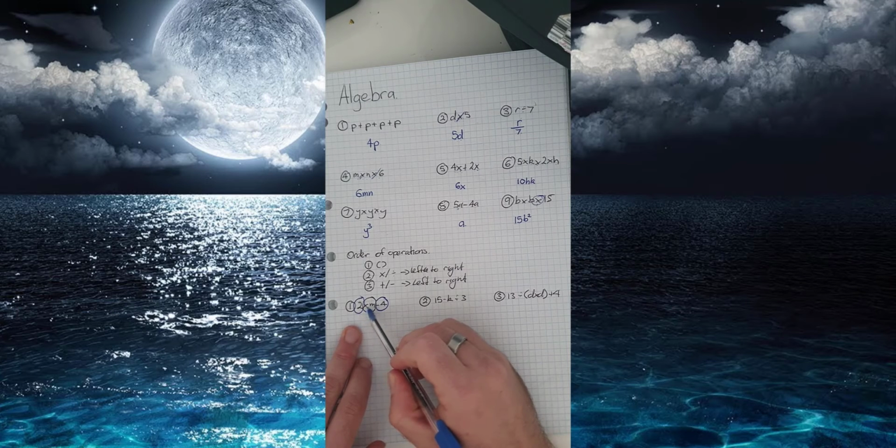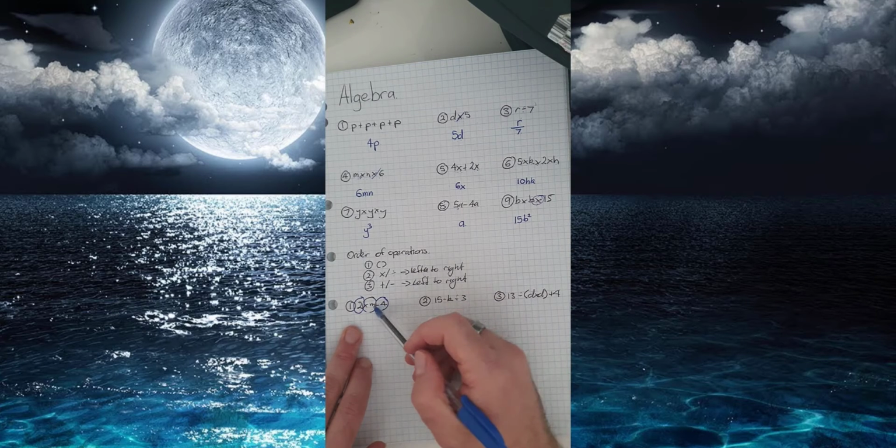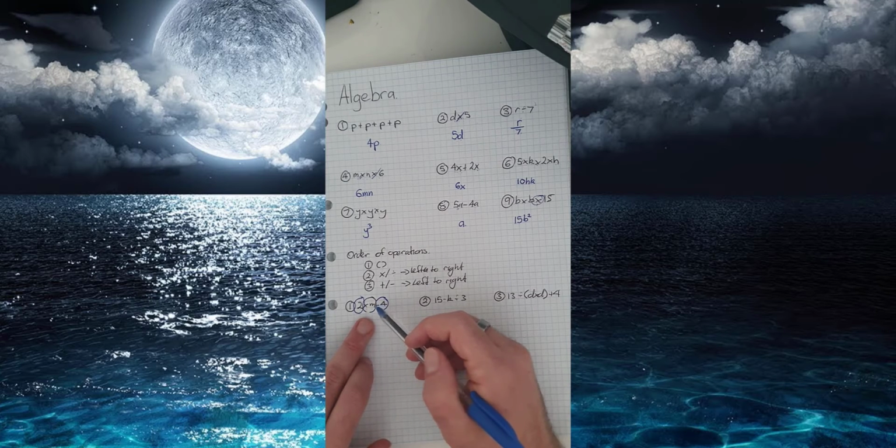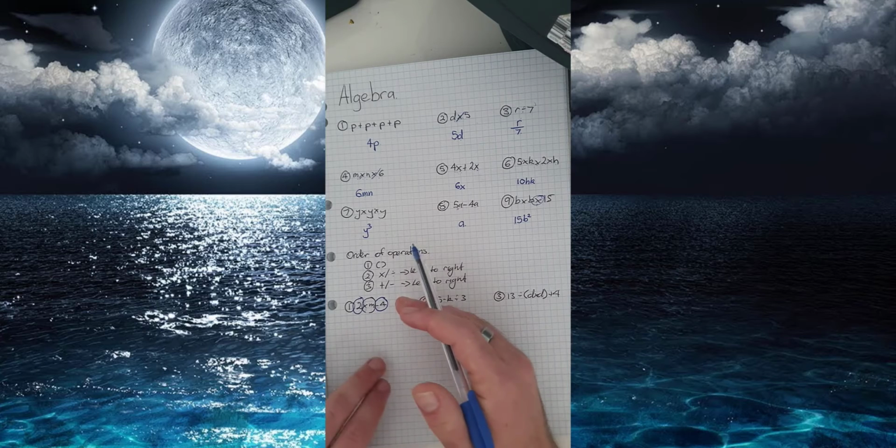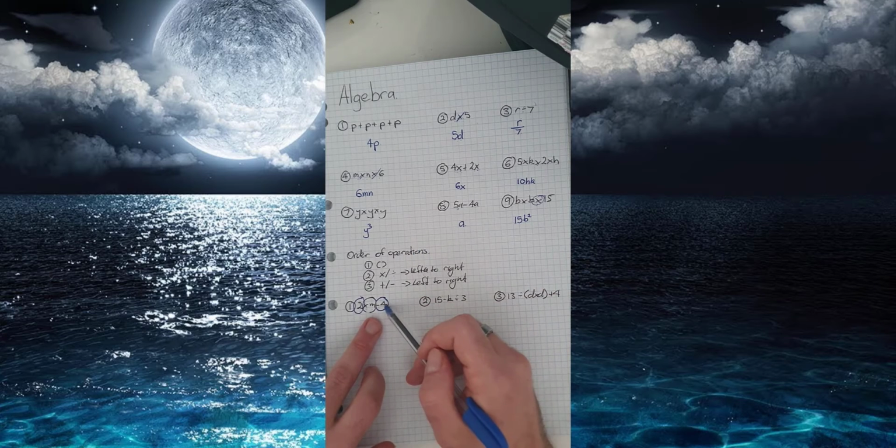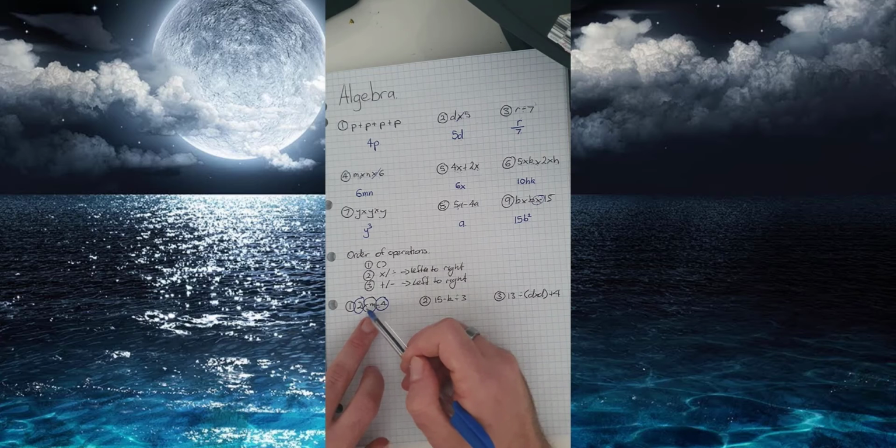So 2 times m. Now the sign or the operation, in this case the times and the minus, is owned by the pronumeral or the number directly to the right of it. So the 4 owns the minus, the m owns the times.